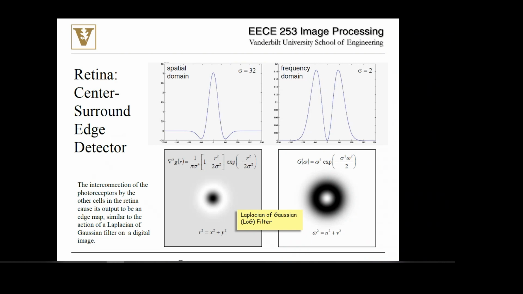The Laplacian of the Gaussian is the second derivative of the Gaussian. So you take the Gaussian, compute the second derivative with respect to R. This is what you get. And this is in one dimension, this is in two dimensions. So all the nearby cells get activity.